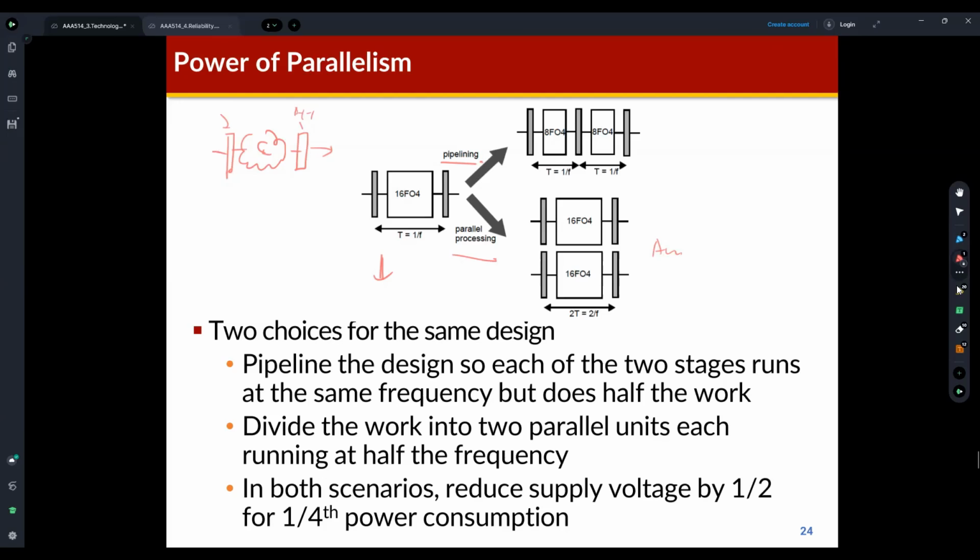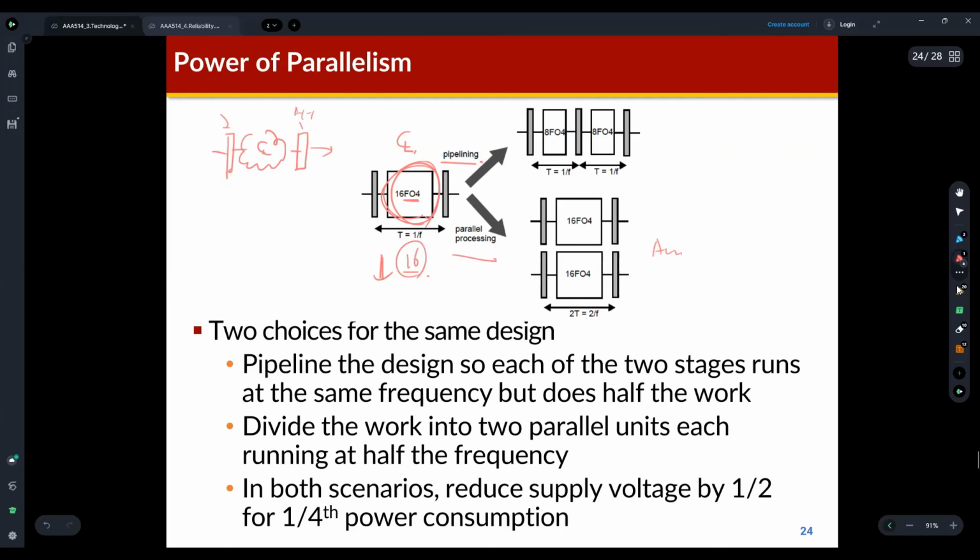And this combinational logic has a delay of 16 FO4. This just represents the delay of this circuit. So with 16 FO4, this combinational logic has a delay of 16, like here.